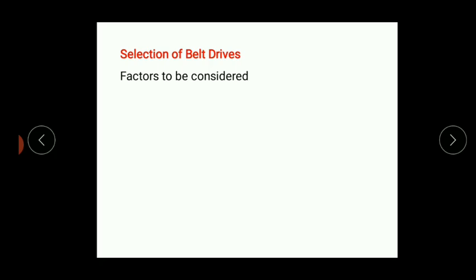Then the selection of belt drives. Factors to be considered in the selection of a belt drive. Available space is one of the most important criteria while selecting a belt drive. If a large distance power transmission is required and the space availability is high, then you can use either the flat belt drive or the rope drive.